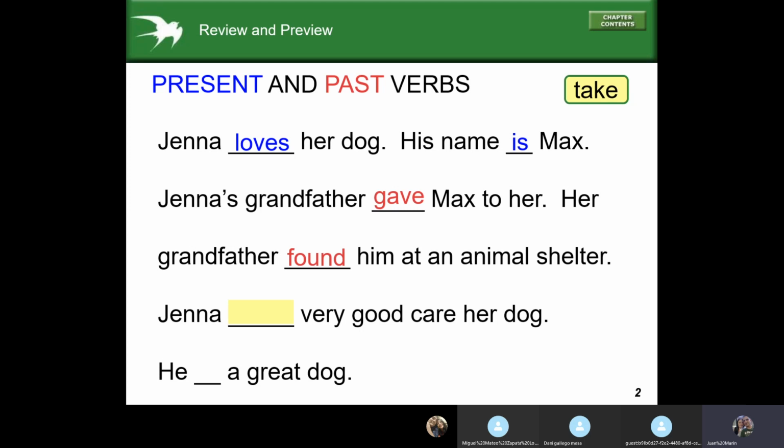What do you think? Okay, this is a phrasal verb: take care.